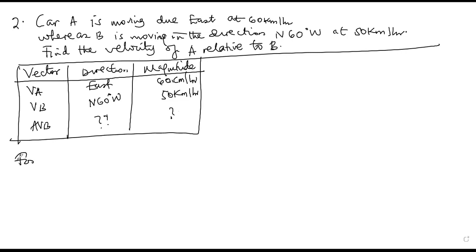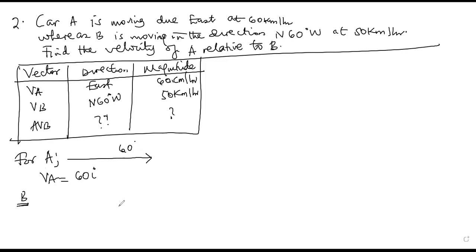So you can sketch very fast. For A, the car is moving due east at 60 kilometers per hour, meaning that velocity of A is positive 60I. That is the mark. Then for B, north 60 degrees west.